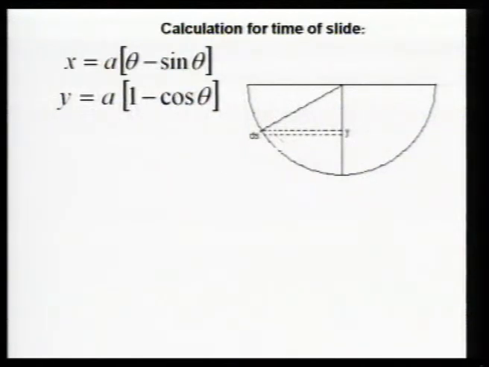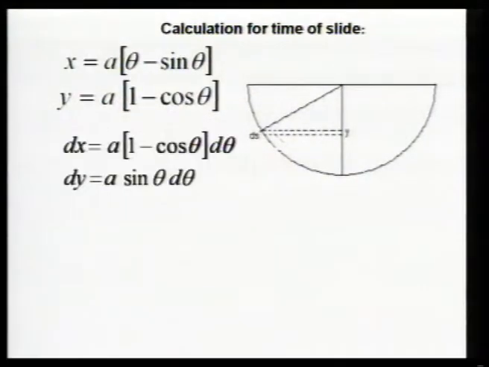Here is the graph of a cycloid. We have to calculate the time taken to slide from this point to the lowest point. But before we do this, we see that theta at this point is equal to pi. Therefore, theta varies from 0 to pi.